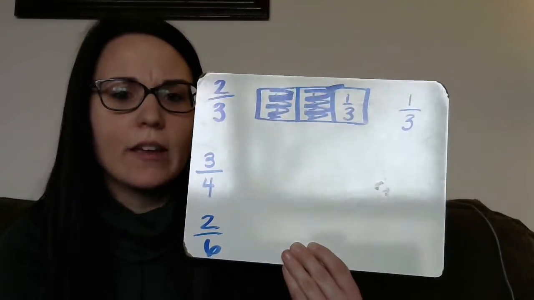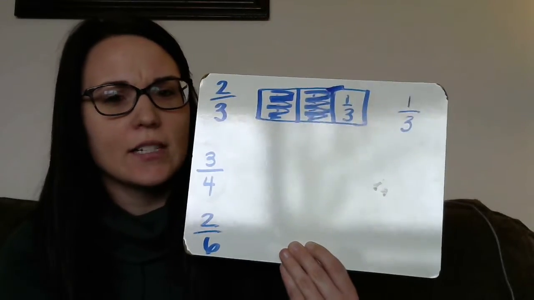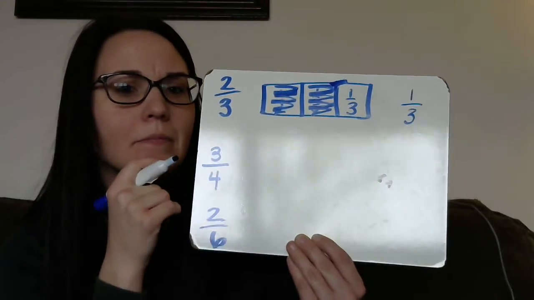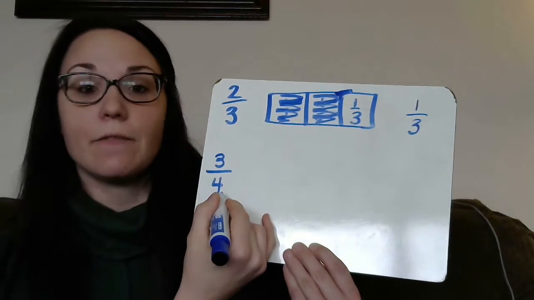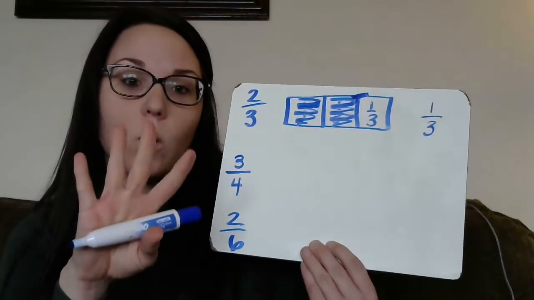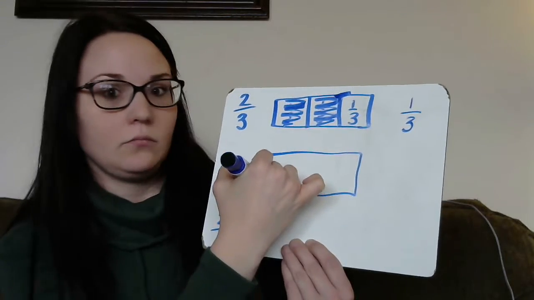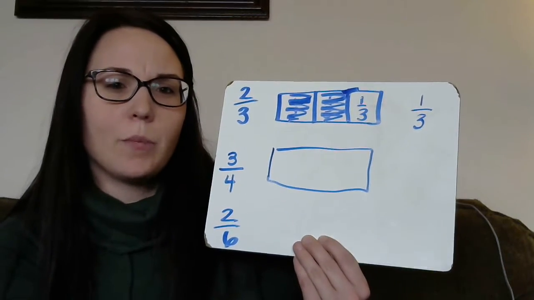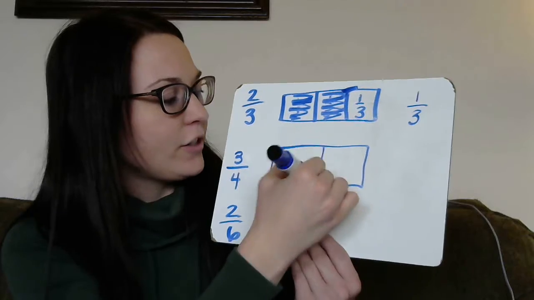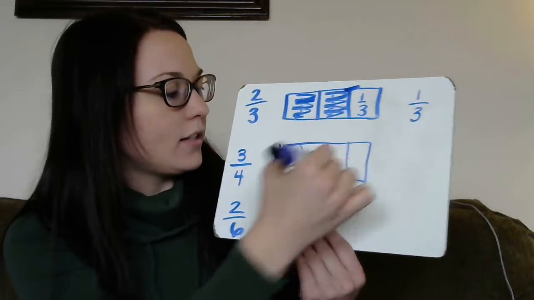If I have 3/4, how many pieces are in my whole? I would look at the bottom. I said fourths, so there are 4 pieces in my whole. So I'm going to draw my rectangle, and there are 4 pieces. I'm going to make halves first and then fourths.